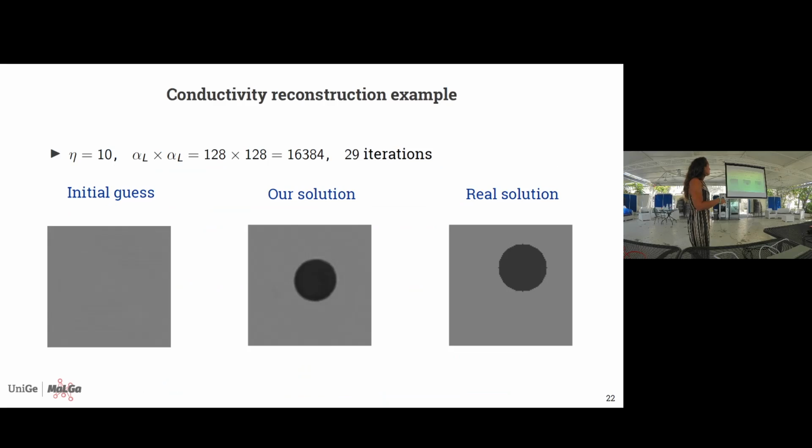And this is a very preliminary result, just to test our algorithm in a simple case. We have an initial guess, that is our conductivity, constantly equal to the value of the conductivity at the background. And we want to reconstruct this inclusion here.